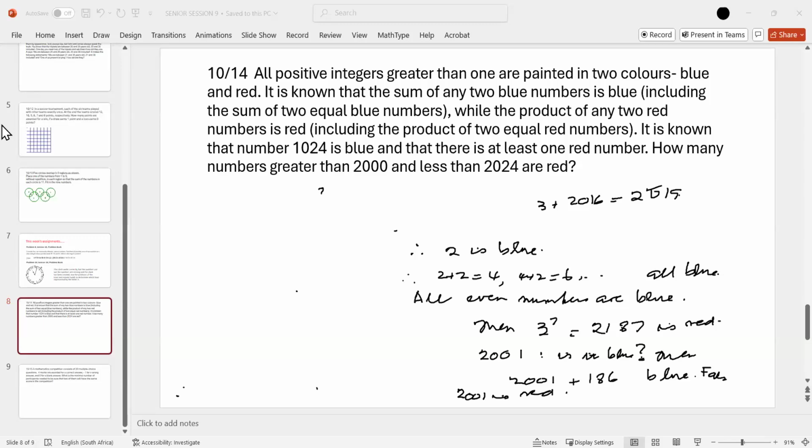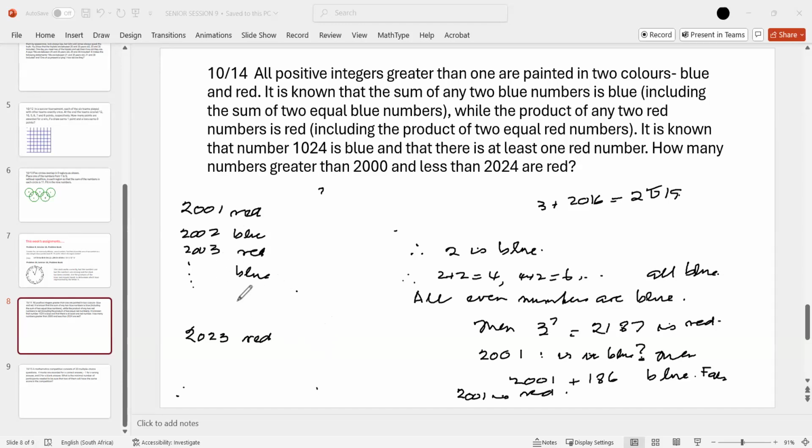We look at the numbers greater than 2000, 2001, 2002, all the way less than 2024, 2023, right? Now we saw that this is red and this is blue. And as we saw again, you can use the same argument to get this is red. So you get red, blue, red, blue, red, blue, until you come to red here. So all the odd numbers are red and all the even numbers are blue.